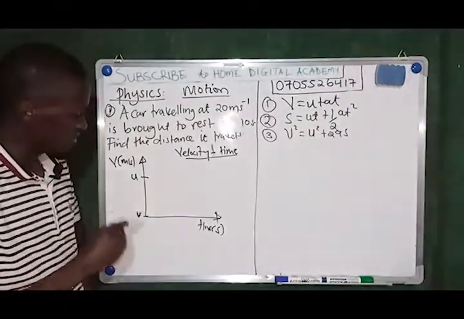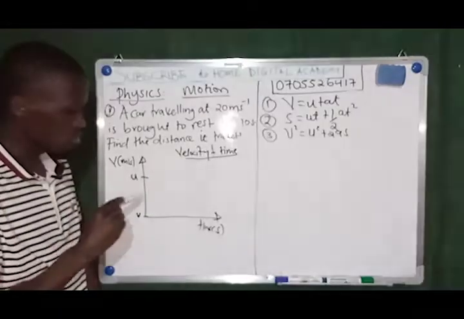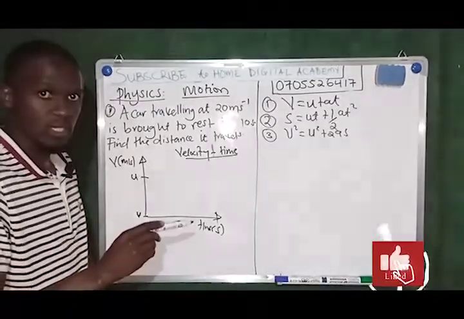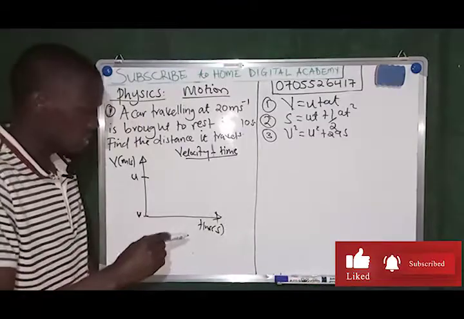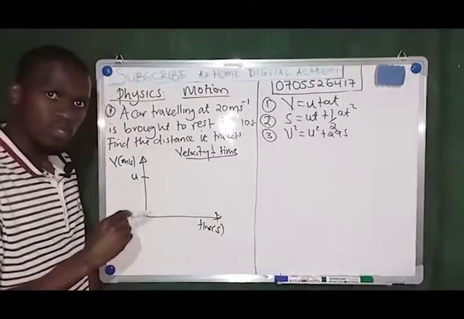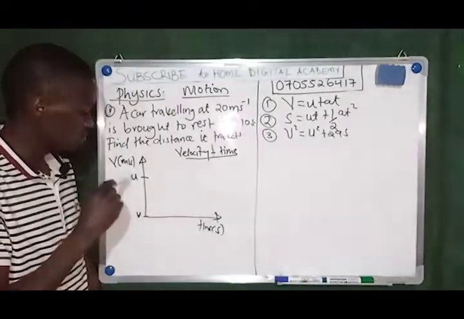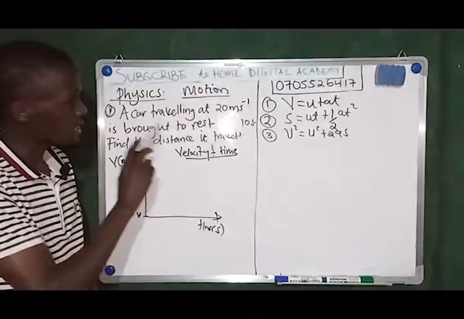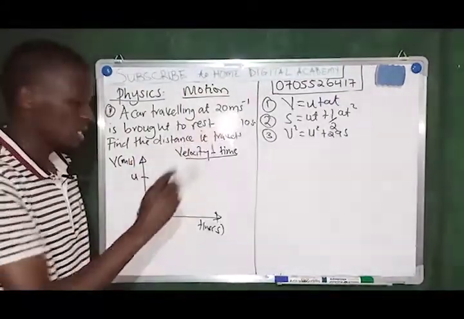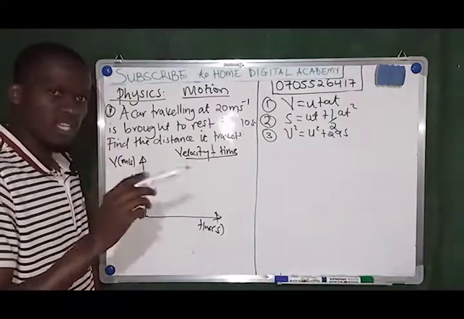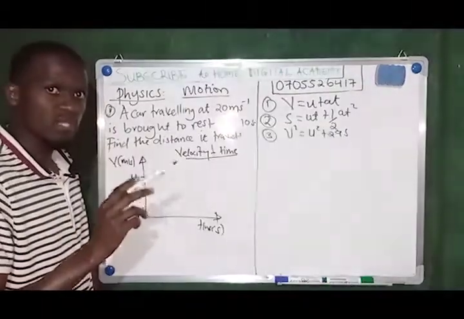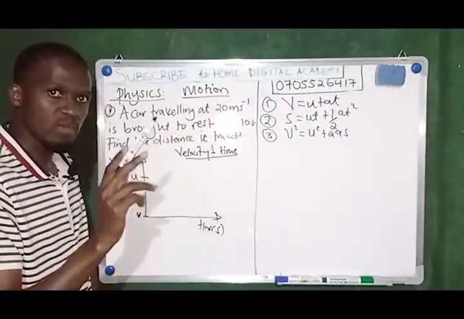The V is not up now. The V is down because the car was brought to rest, meaning that finally the car was resting. And the V always represents the final velocity, and U represents the initial velocity. Initially the car was moving at 20 meters per second, and finally the car was brought to rest, meaning it was brought to 0 meters per second.